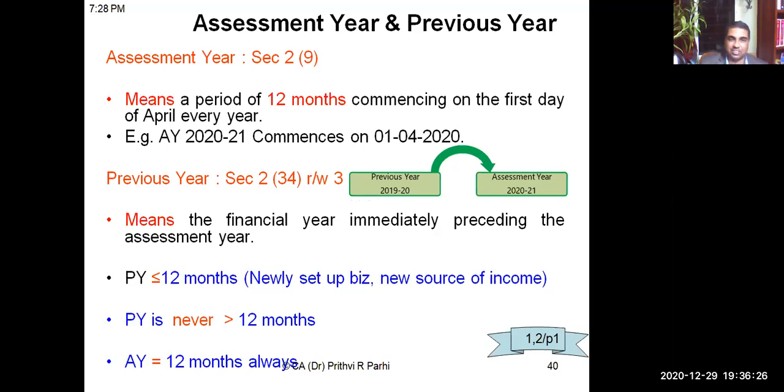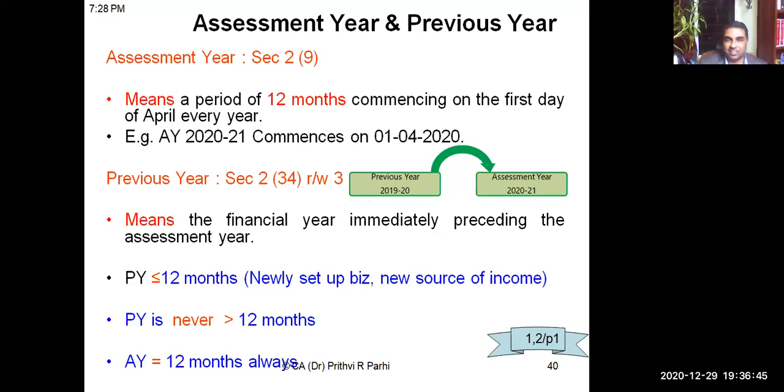You have to read section 2, clause 34 as well as section 3 to understand the meaning of previous year. Now you read the definition. Means the financial year immediately preceding the assessment year.